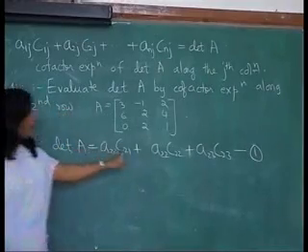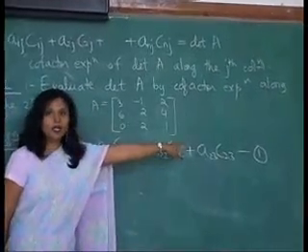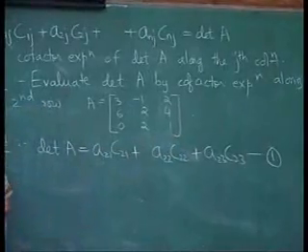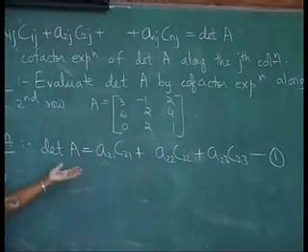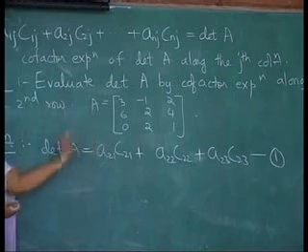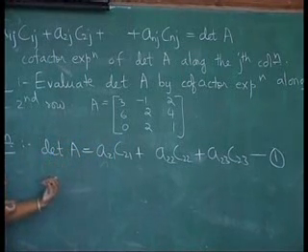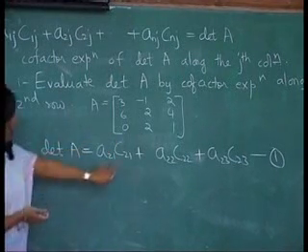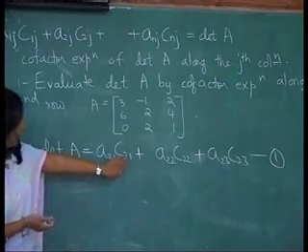Now let me evaluate these 3 cofactors. Remember, for the cofactors, I first need to know what the minors are, and then once I put the appropriate sign for the minor, I get the cofactor. So let's start with the minor of the element A21.